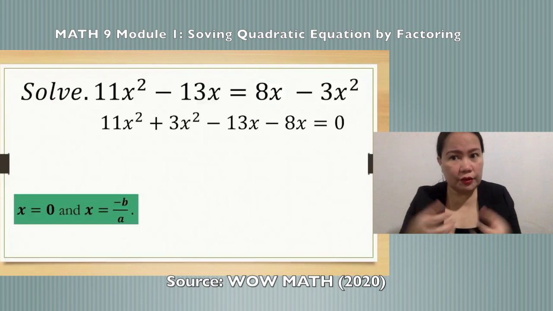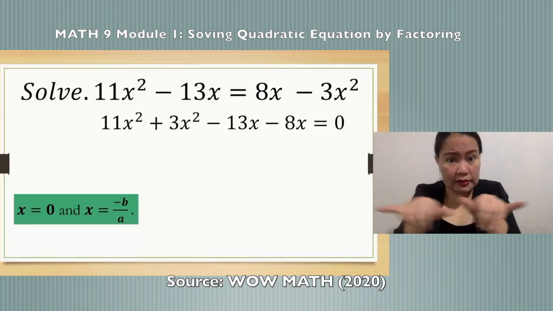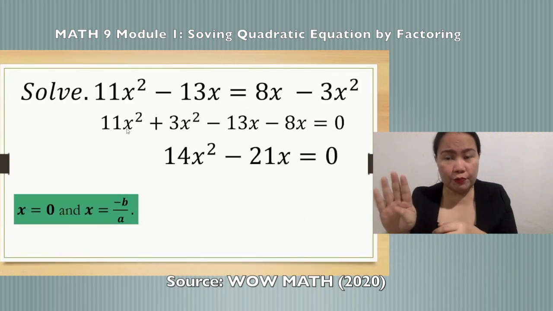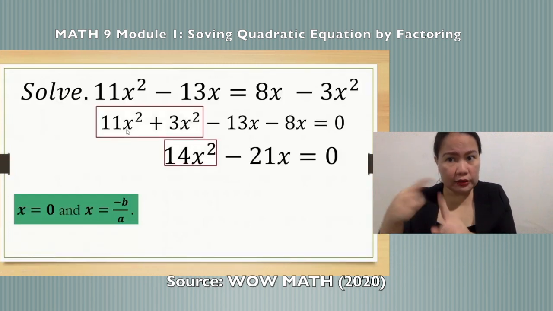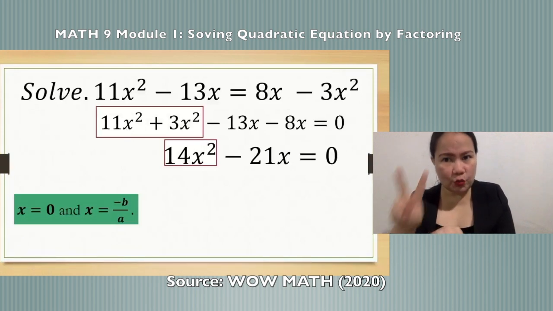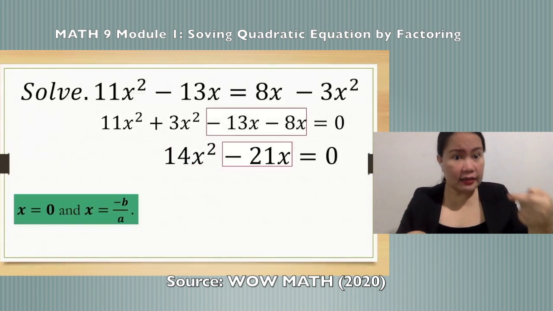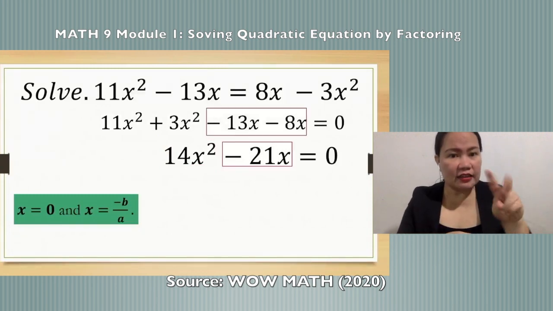So, pagkatapos nito, anong gagawin? Of course, we need to combine the similar terms. So, yung 14x squared ay galing yan kay 11x squared plus 3x squared. At yung negative 21x ay galing naman kay negative 13x minus 8x is equal to 0.